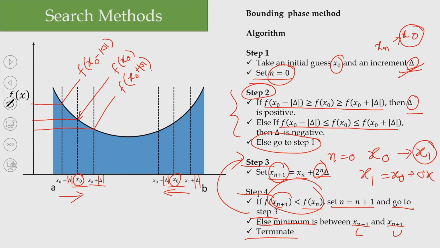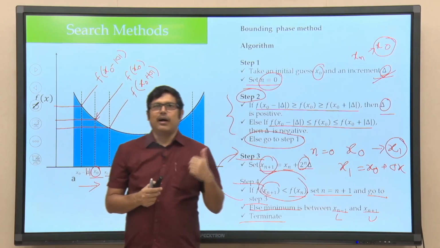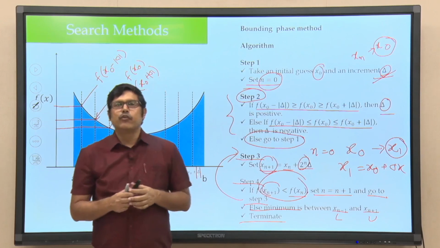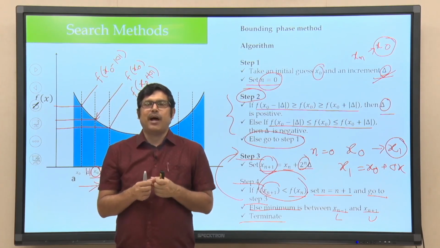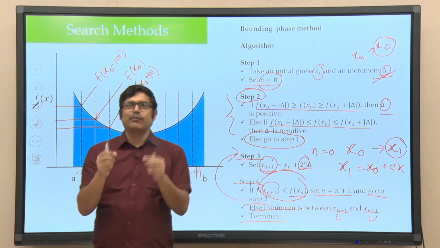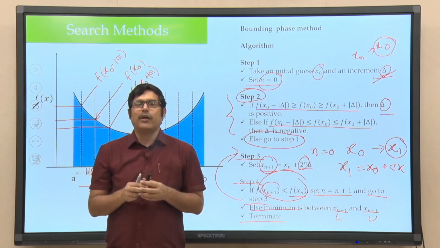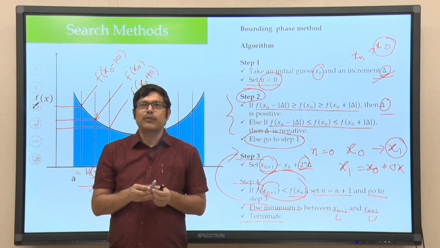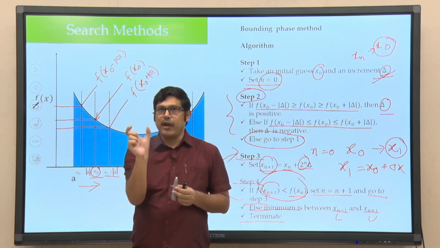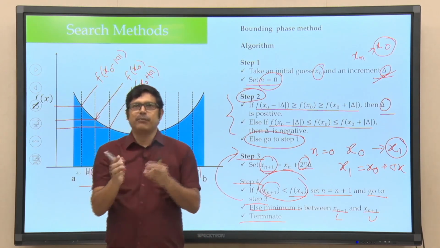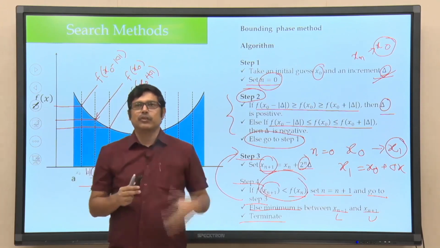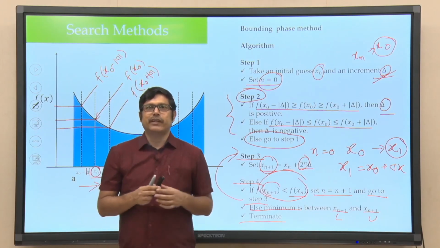So, the basic idea of these two algorithms is to bracket the optima. That means I do not want to find the exact optimal solution of this particular problem. I want to bracket the optima in a narrowed region, between the lower bound and upper bound, so that I can apply a sophisticated algorithm.